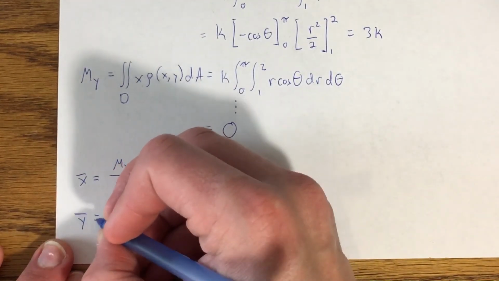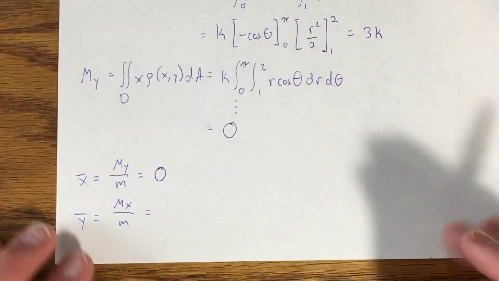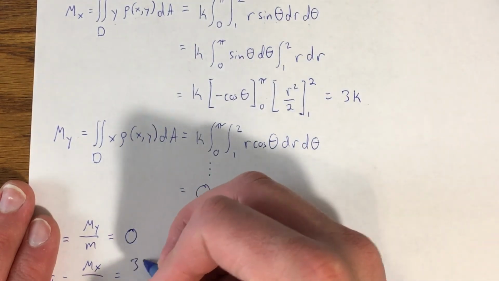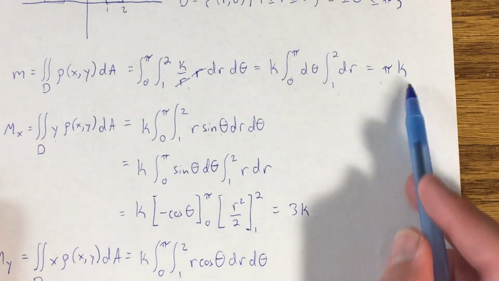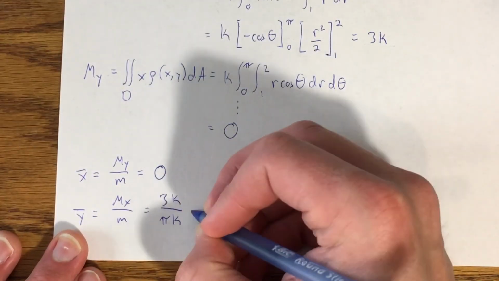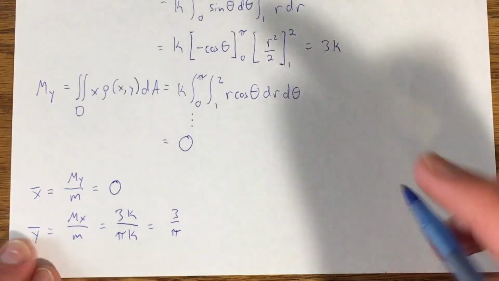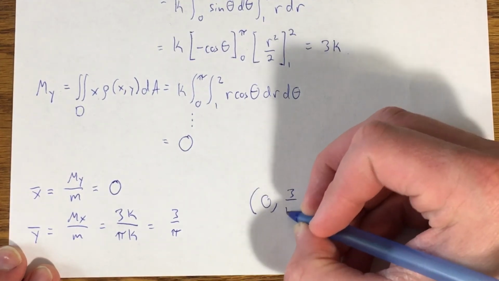Y bar we find by taking mx and dividing that by m. So mx was not 0, mx gave us 3k. And remember, m was pi k. That gave me 3 over pi. Together, those create my center of mass, 0, 3 over pi.